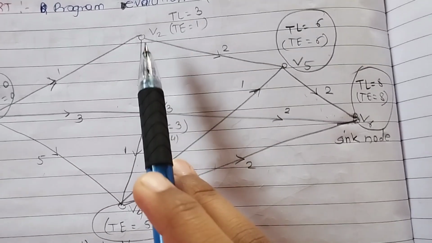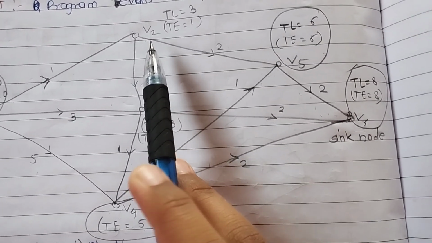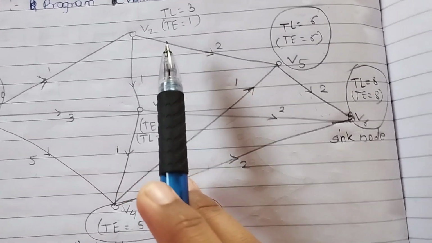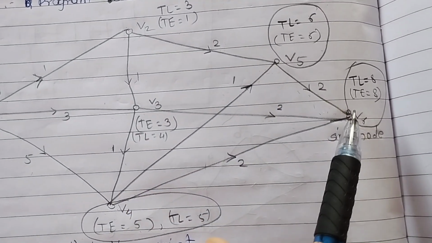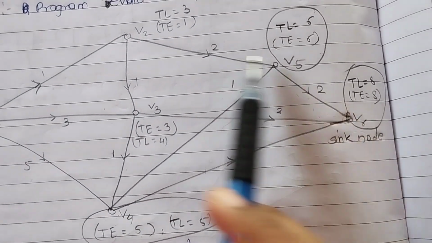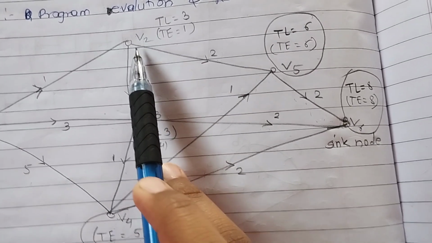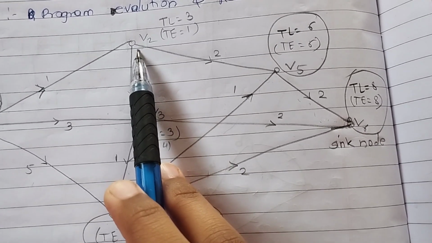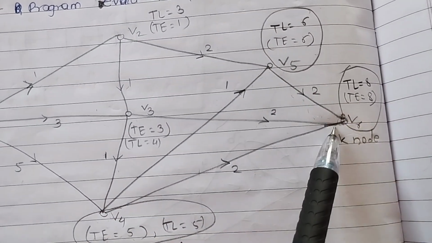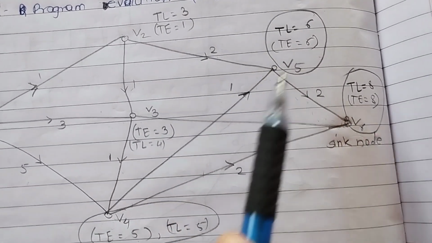In the same way for V2, find the possible paths and subtract from V6. The first path is to go from V2 to V5, V5 to V6. The count is 4.